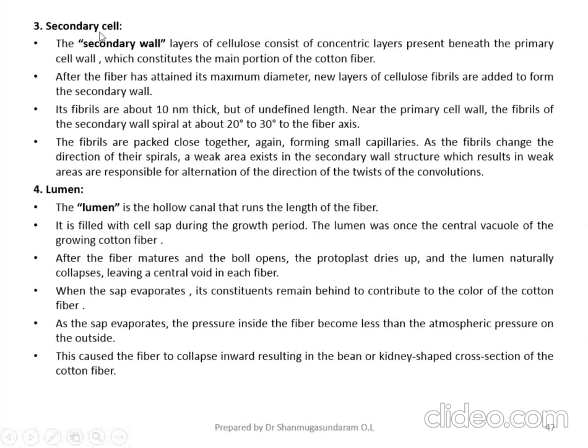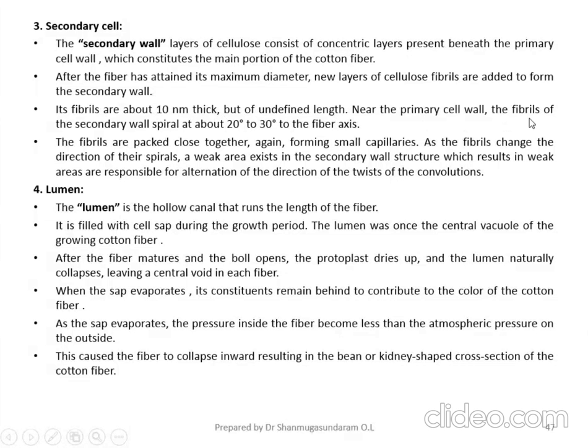Now look at the secondary cell wall. The secondary wall layer of cellulose consists of concentric layers present beneath the primary cell wall, which constitute the main portion of the cotton fiber. After the fiber has attained its maximum diameter, new layers of cellulose fibrils are added to form the secondary wall. Its fibrils are about 10 nanometers in thickness but of undefined length.